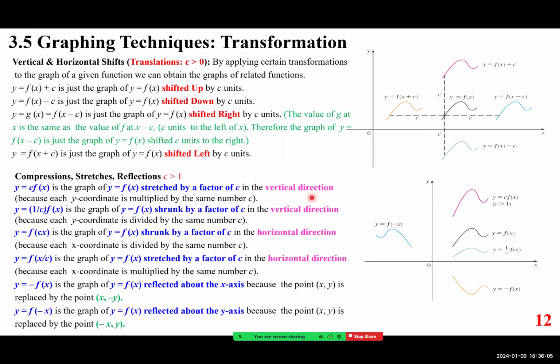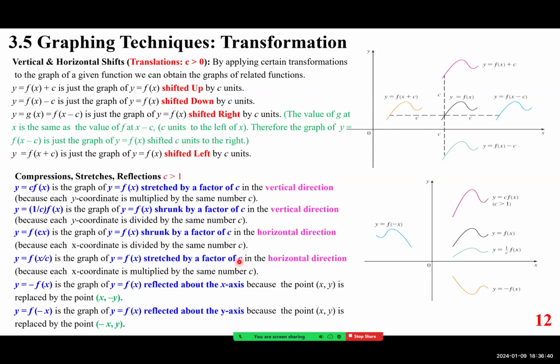Since c is a positive value, if we have 1 over c, a number less than 1, it shrinks it by that much in the vertical direction. If we have f of cx, then it's going to shrink it by a factor of c along the horizontal direction. If you divide by c, it's going to stretch it. It works the other way around.